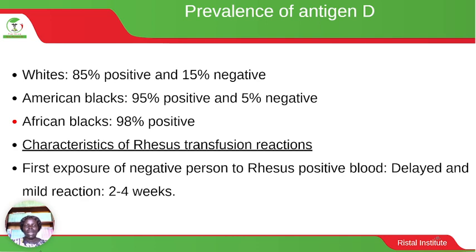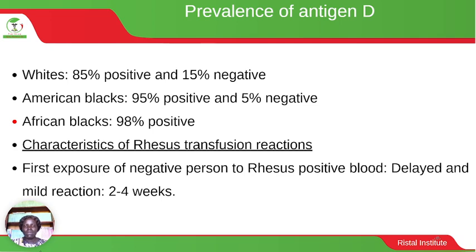Then African blacks, 98% have rhesus D. Like I told you, this can be determined by the nature of your inheritance. If your parents had it, you are likely to have the same. And also the kind of foods and the environment that you are exposed to.